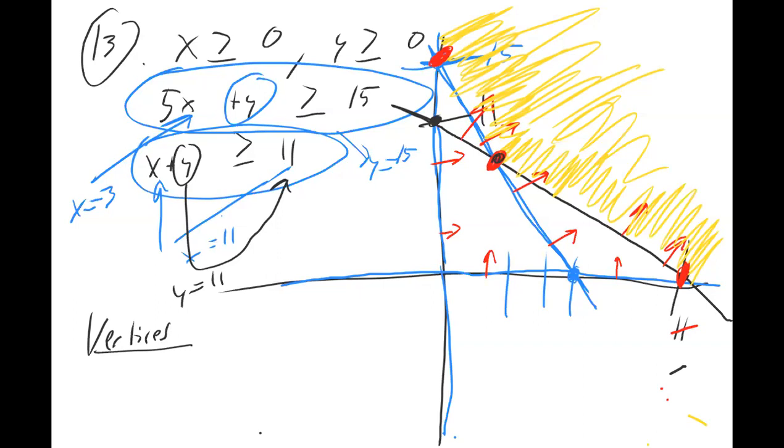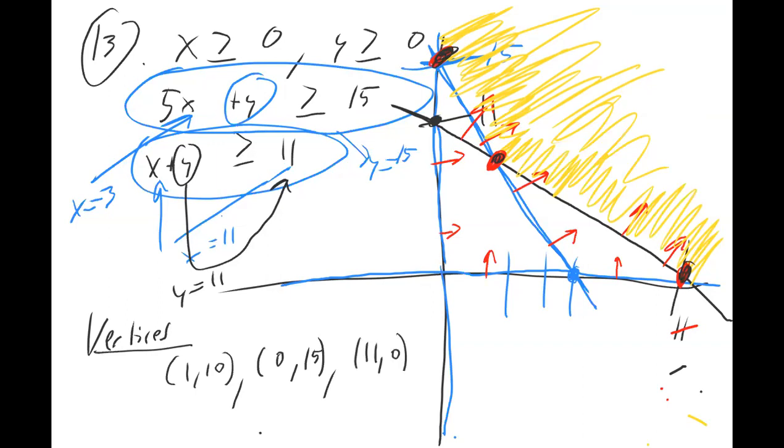So 110, you'll have to look at it on your computer graph to find out for sure, but my graph is crossing through 110. The next point is right up there, the vertex, so it'd be 0, 15. And then the last point is down there, 11, 0.